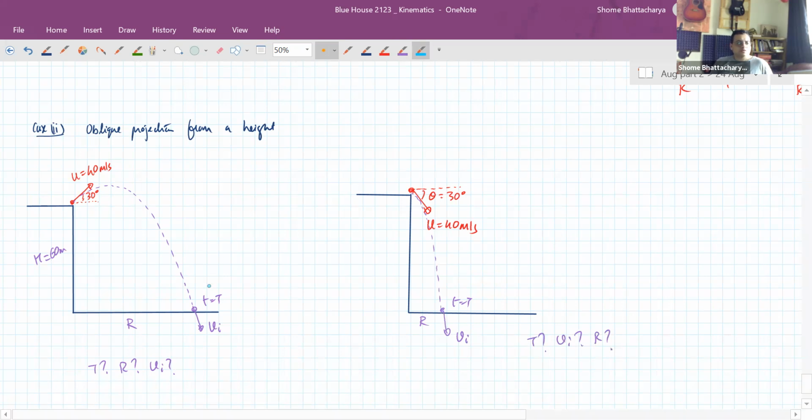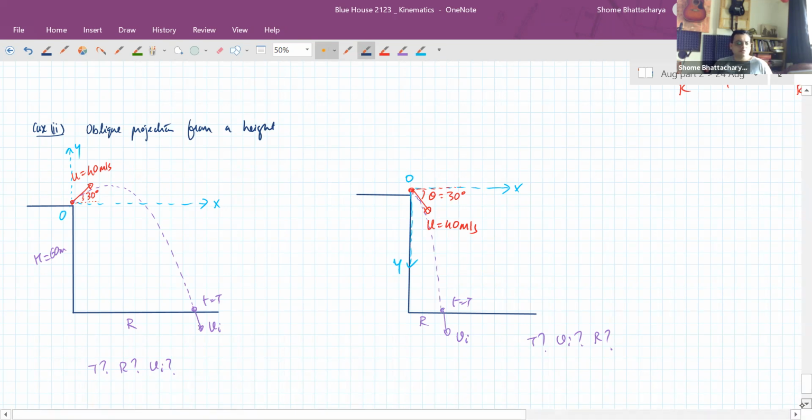So when we choose our reference frame, we'll have a slightly different approach for the left side one and the right side one, because this one is first ascending. So we'll take the y-axis upwards, and this one is straight away descending. So it will be more convenient to take the y-axis downwards. There is no hard and fast rule written in stone that we have to do it this way, but this is the most convenient way of taking the reference frame.